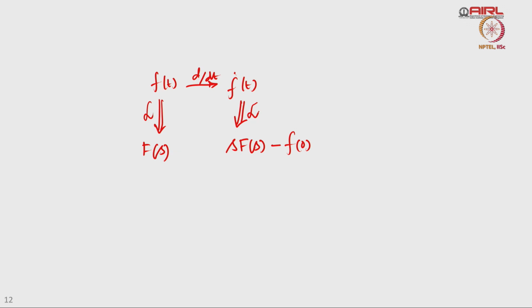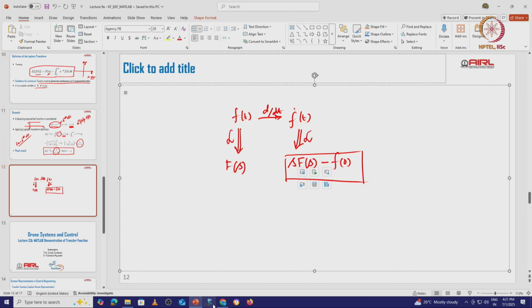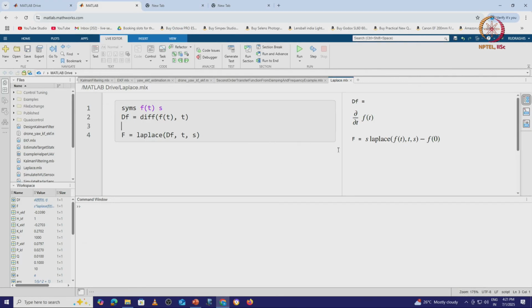What we have seen just now in the previous example of this Matlab demonstration is that since we do not know what the function f(t) is going to be, this particular Laplace transform is written in a generic form, which shows that s will be multiplied with the Laplace transform of small f(t) with respect to time t.